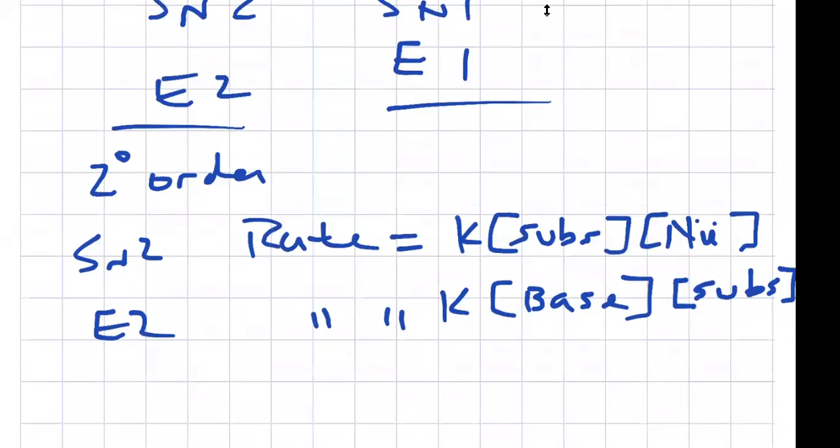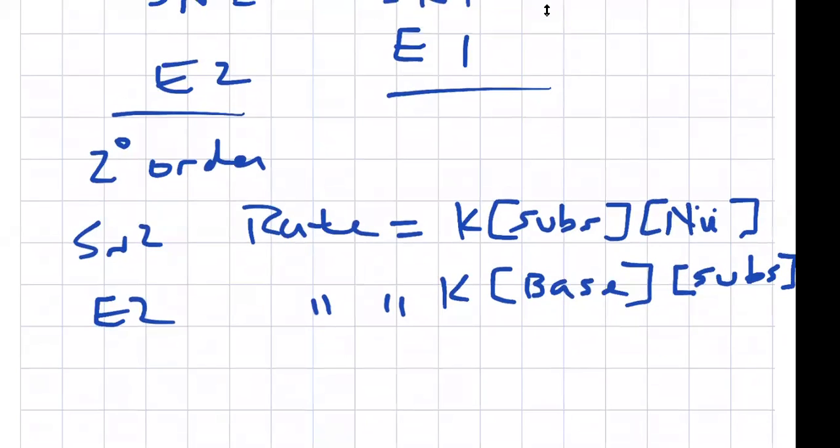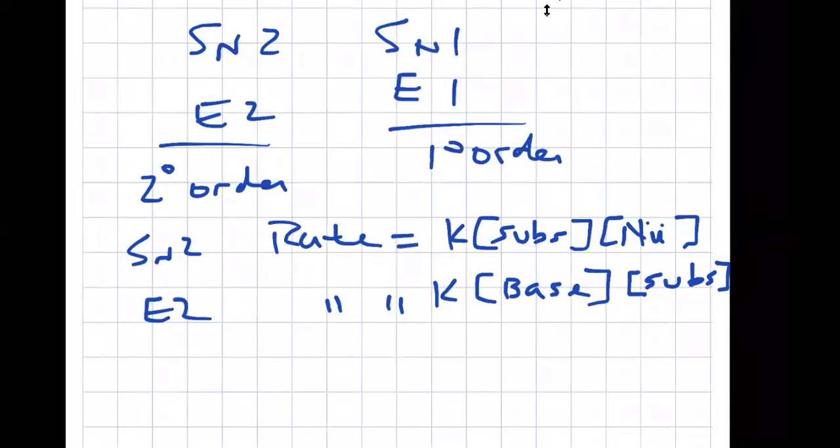SN1 and E1 are first order, right? So the rate law looks different, and this matters when you think about the energy diagram and the concentration.